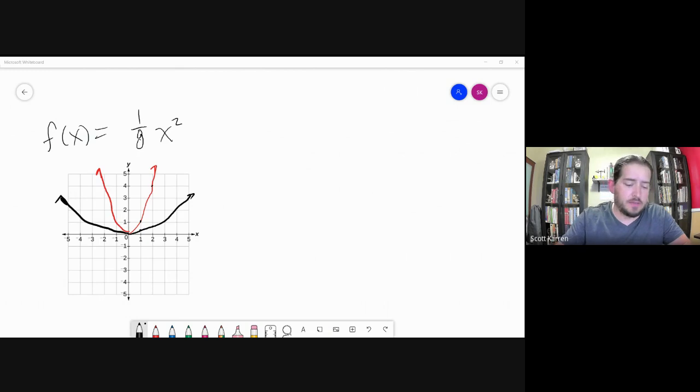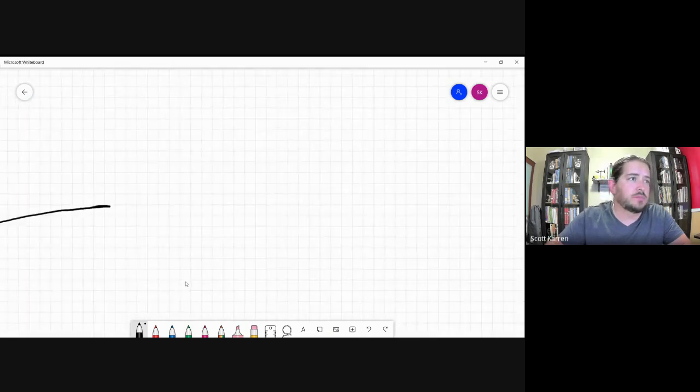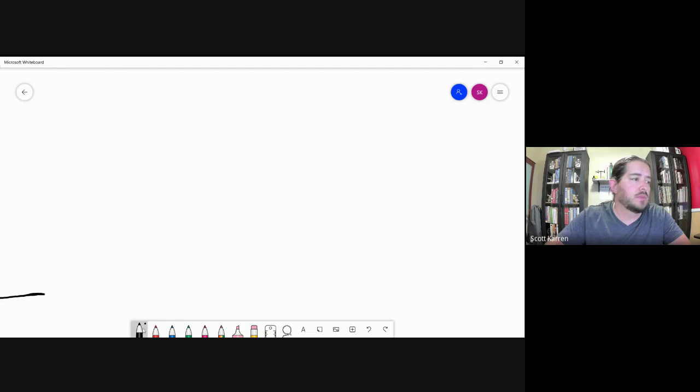But for horizontal compression, f of c times x. So now the c is inside the function.